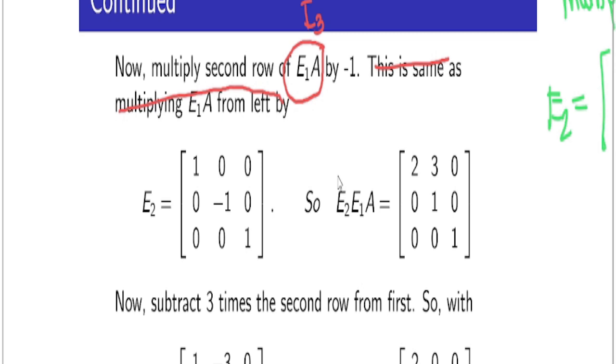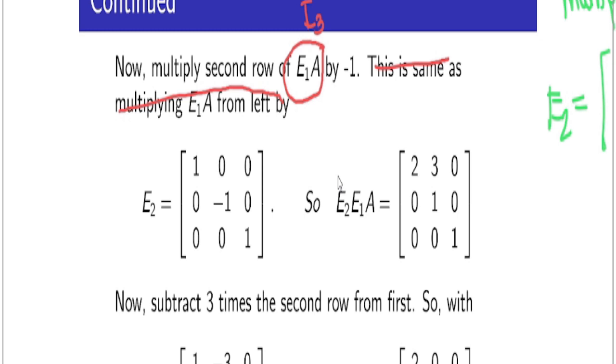For calculating E3, why do we perform this operation?